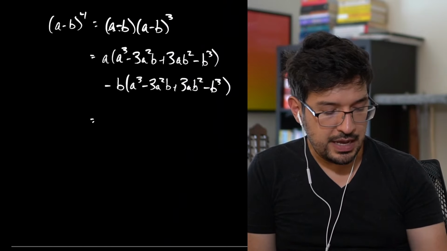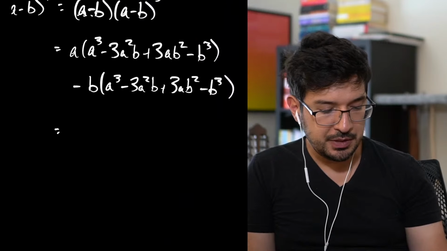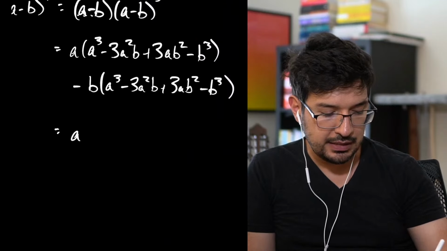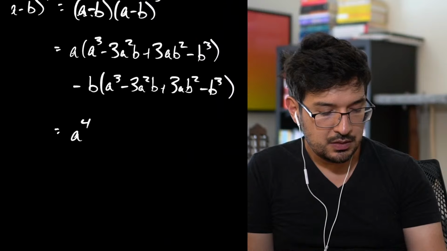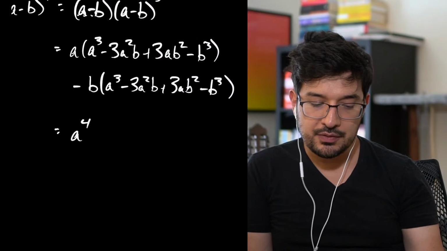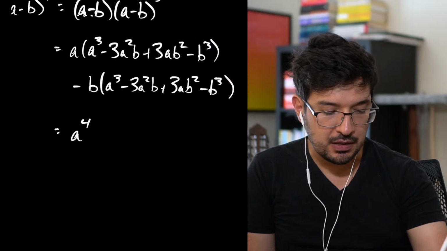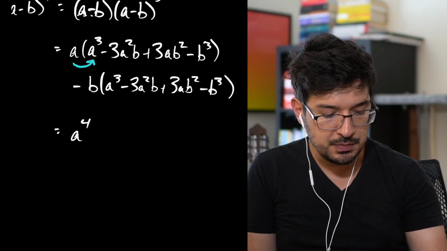Okay, now distribute terms and then collect like terms. The only a to the fourth term is going to be from a times a cubed.